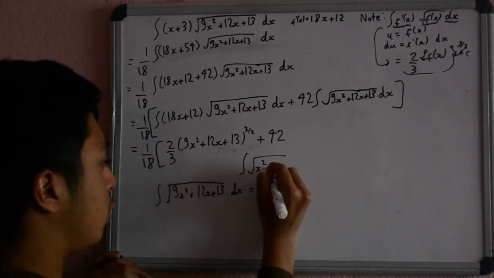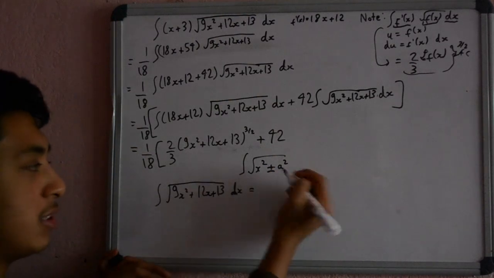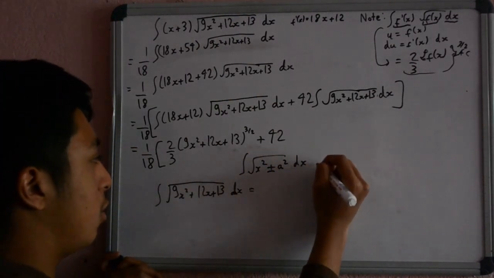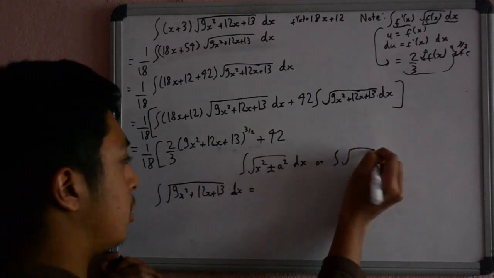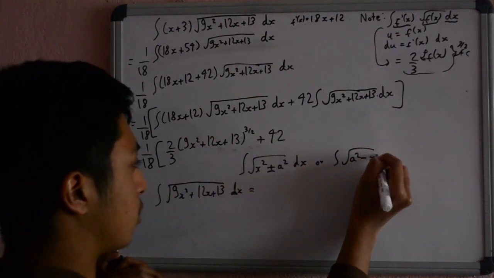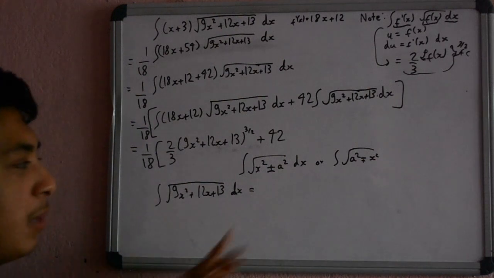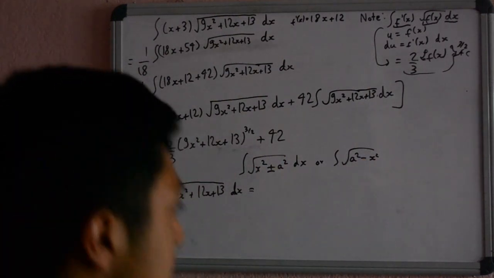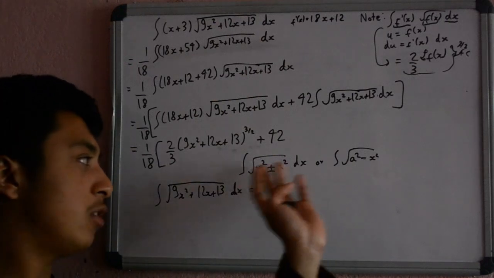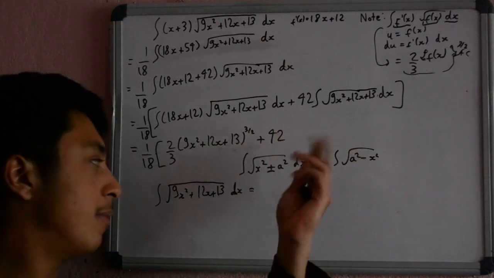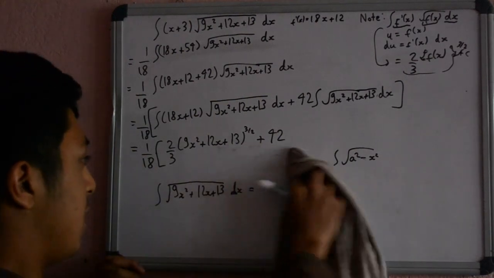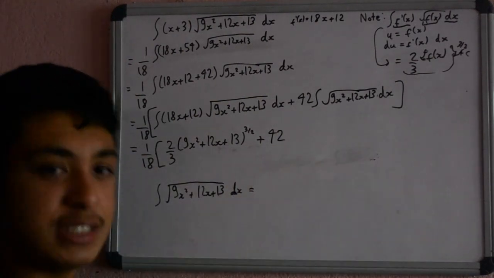So either we want it to be root of x squared plus or minus a squared dx, or root a squared minus x squared, or minus plus, but that's the same as x squared plus a squared. So these three cases, we want one of them in one of these integrals over here, and you just have to see the signs.